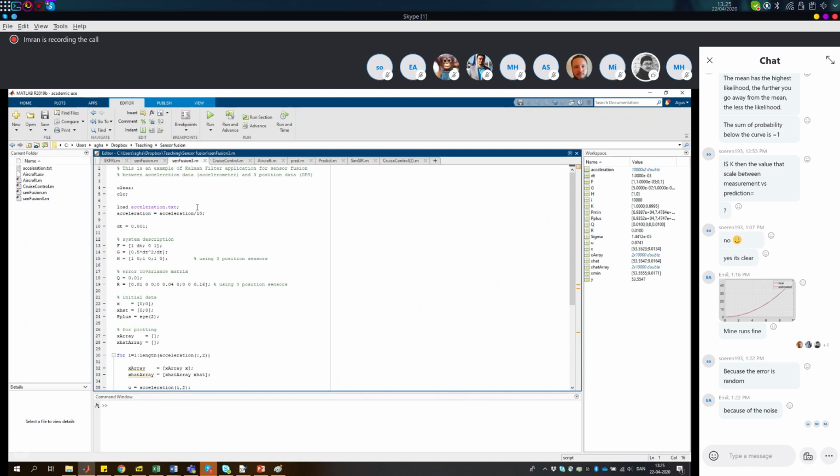So in this example, you want to fuse the data from 1 accelerometer and 3 position sensors. The position sensors give you slightly different data. The first sensor gives you X1, Y1, and Z1.